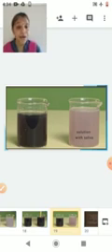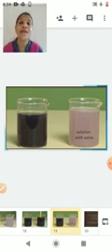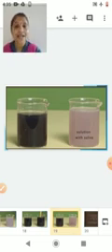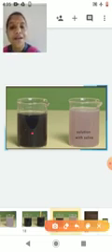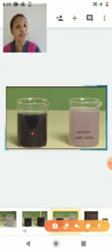Why? Because the saliva contains the enzyme called salivary amylase, which is breaking down starch into simple sugar, and the simple sugar cannot be stained by iodine. Whereas in this beaker, I have not added saliva.